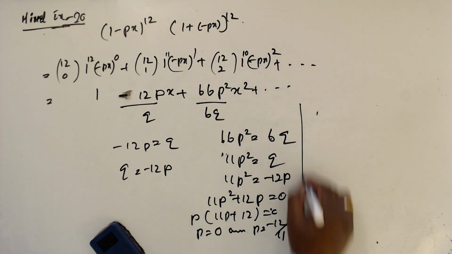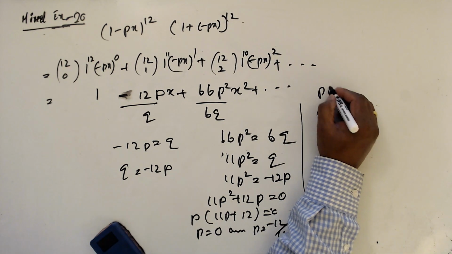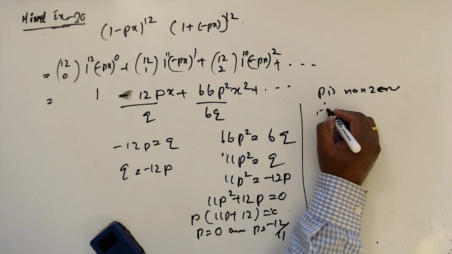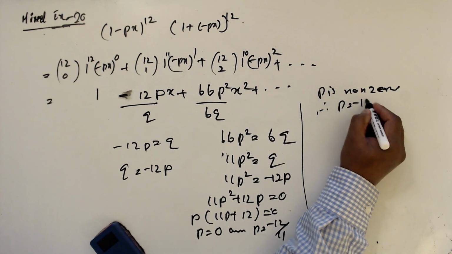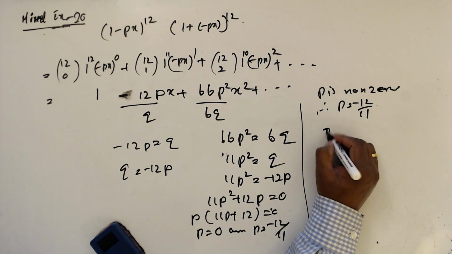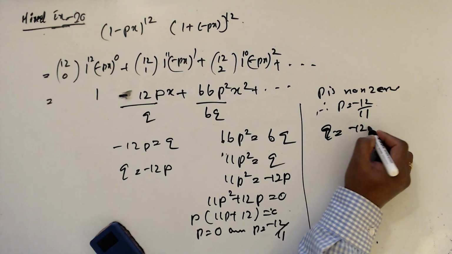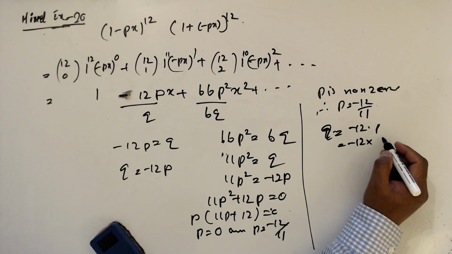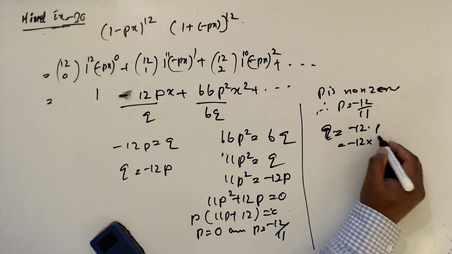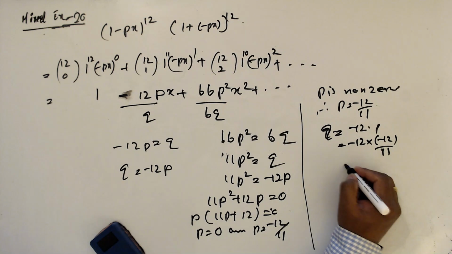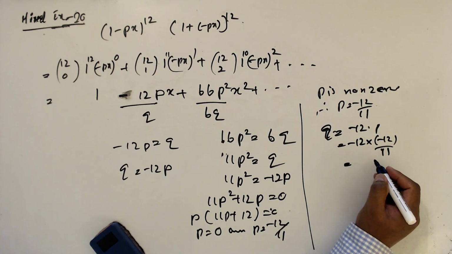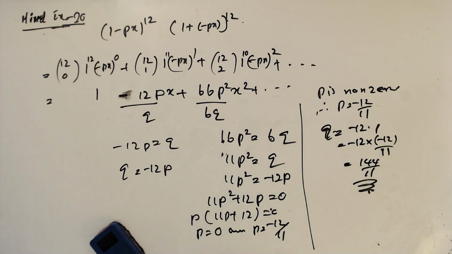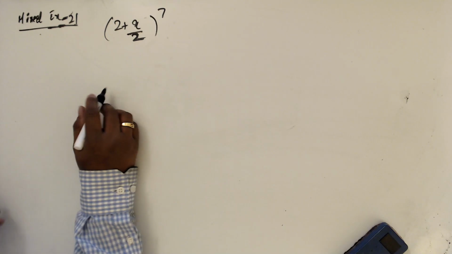So then p is non-zero, hence p equals minus 12 over 11. Then q equals minus 12 times p, minus 12 times minus 12 over 11, it means 144 over 11.